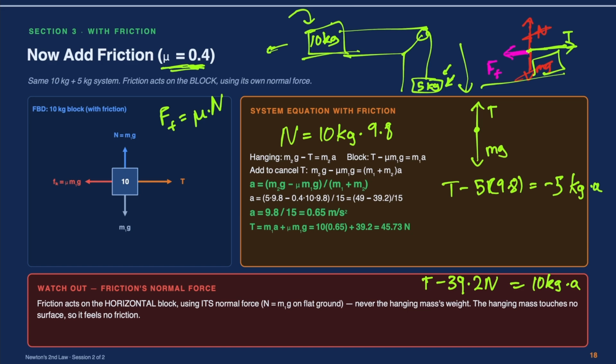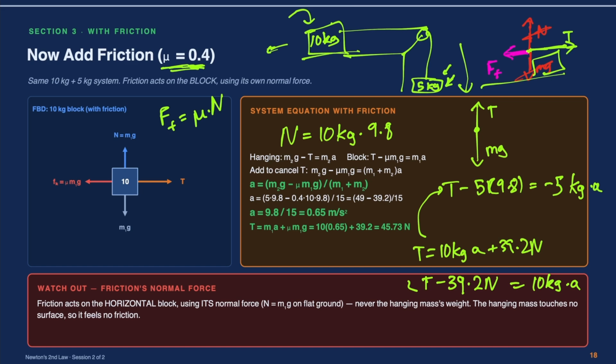And if I wanted to solve this, I could just substitute either tension into the other one. So I could just do tension is equal to this plus this, and then I could substitute that into here. Or I could do the other way. For now, I'll do the other way here. Tension is equal to 10 kg A plus 39.2 newtons. Right? So I'm going to substitute that into here.